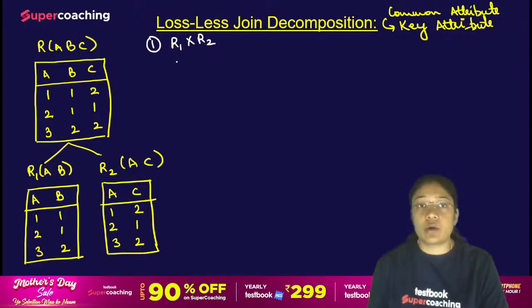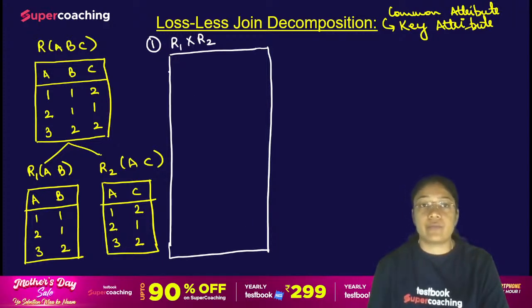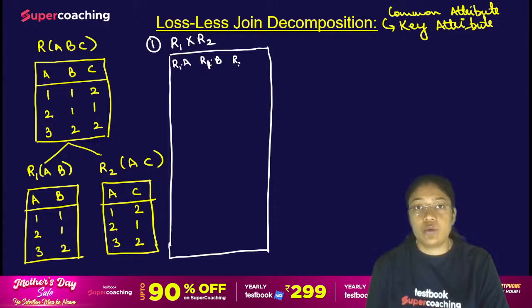R1 cross product R2. Here we'll be getting R2 dot B, R1 dot B, R2 dot A, and R2 dot C, right? All the 4 attributes are coming up.